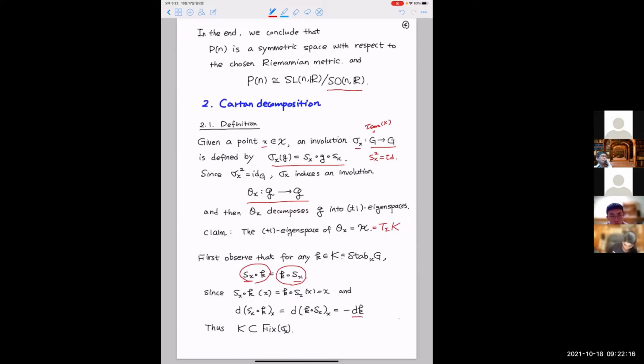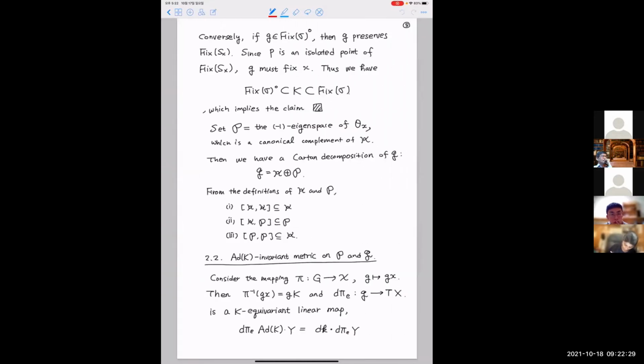So K, the isotropy group, is a subgroup of the set of the fixed points of sigma X. And also conversely, for the element G in the connected component of fixed points of sigma X here, then G preserves the fixed point of S_X, right?